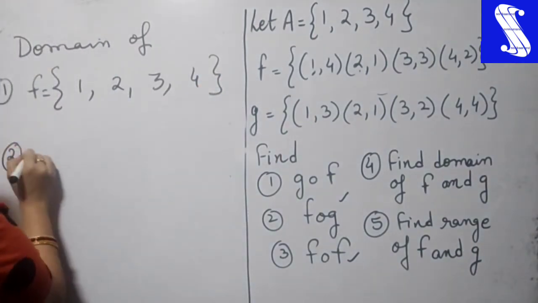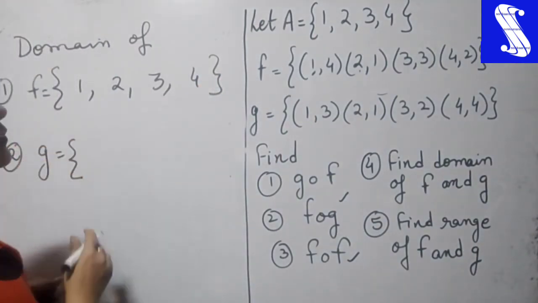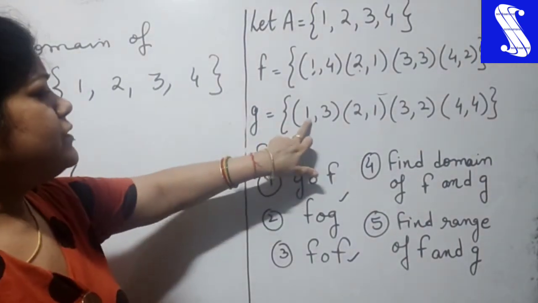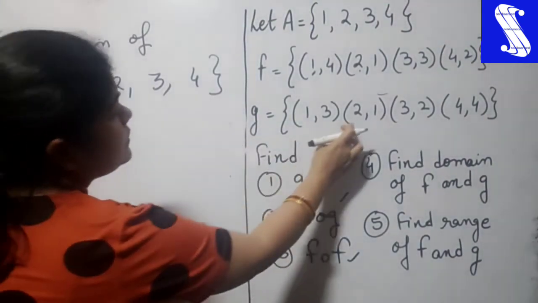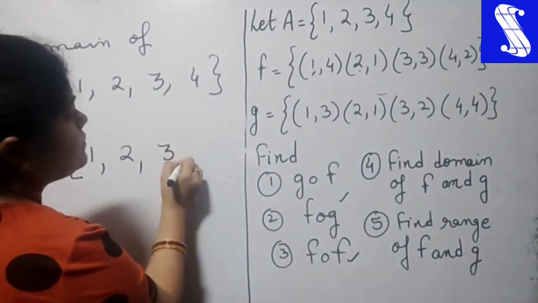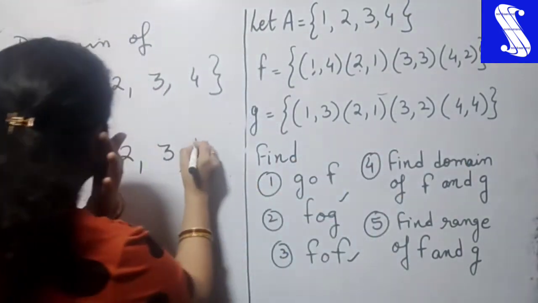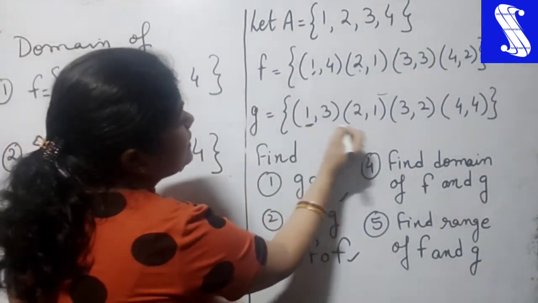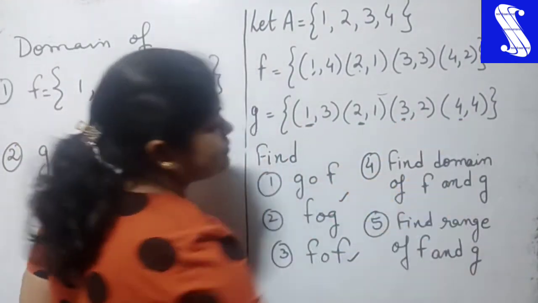Now the domain of G: consider this set. This is 1, then 2, 3, and 4. All the terms which are at the x position.